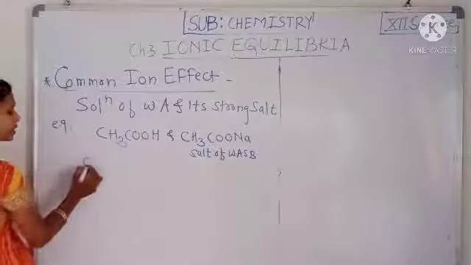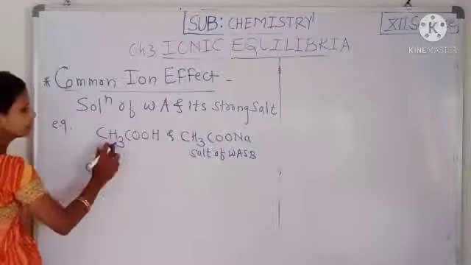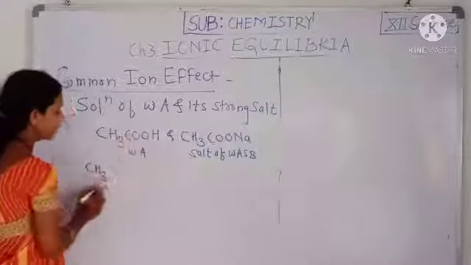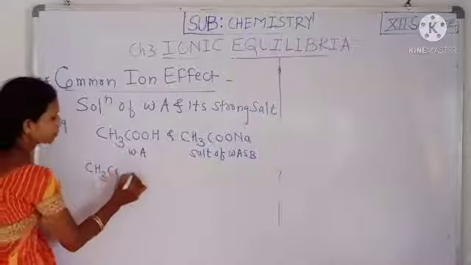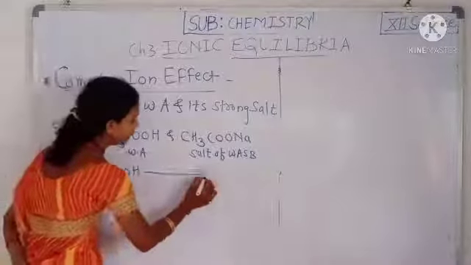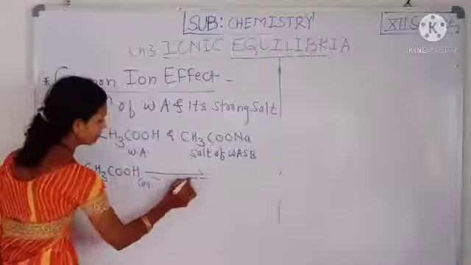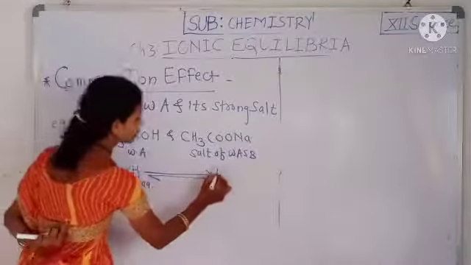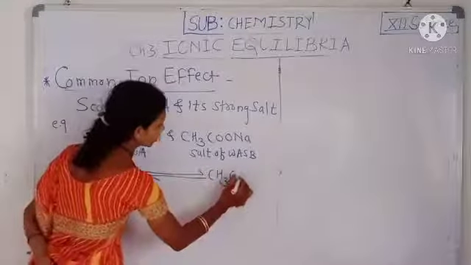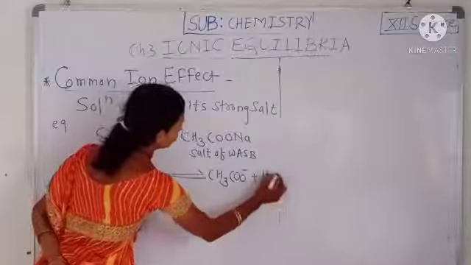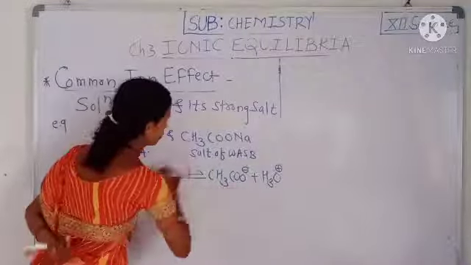As acetic acid is a weak acid, a weak electrolyte, it dissociates feebly in aqueous medium and gives CH3COO minus and hydronium ion, that is H plus ion.